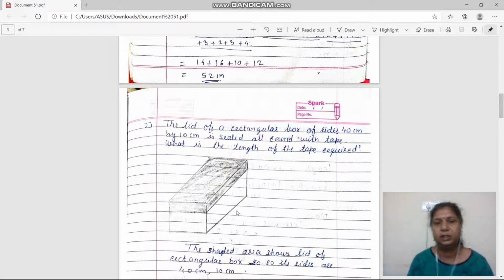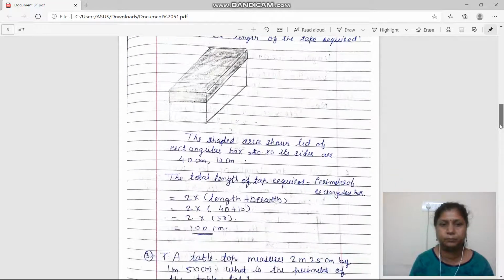Now see, this is the rectangular box and this is the box sealed with the tape. The shaded area shows the lid of the rectangular box. So its sides are 40 cm and 10 cm.